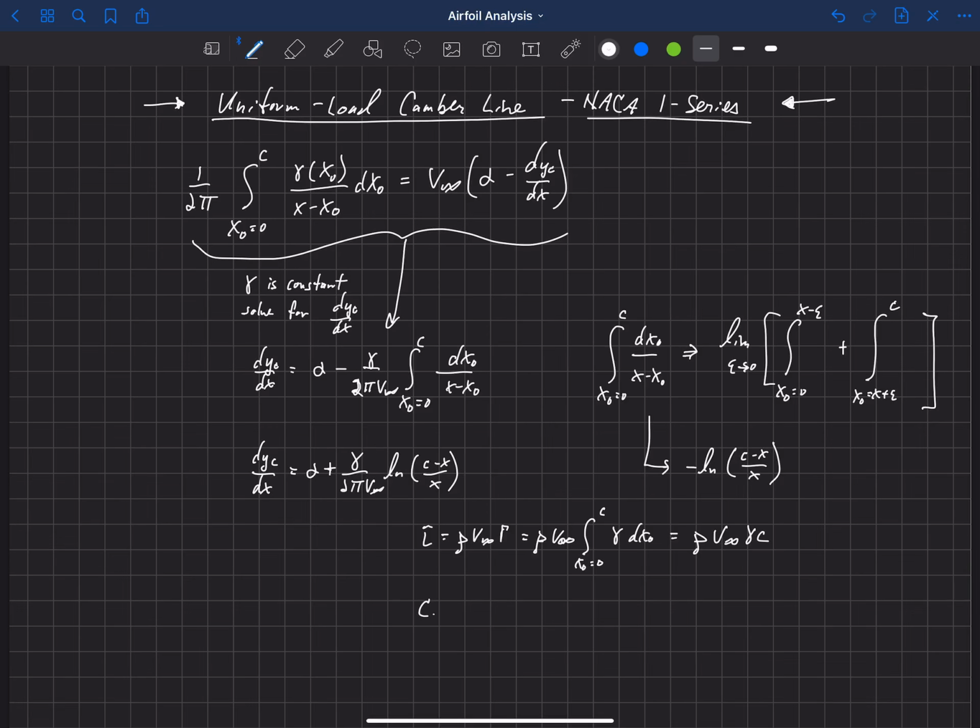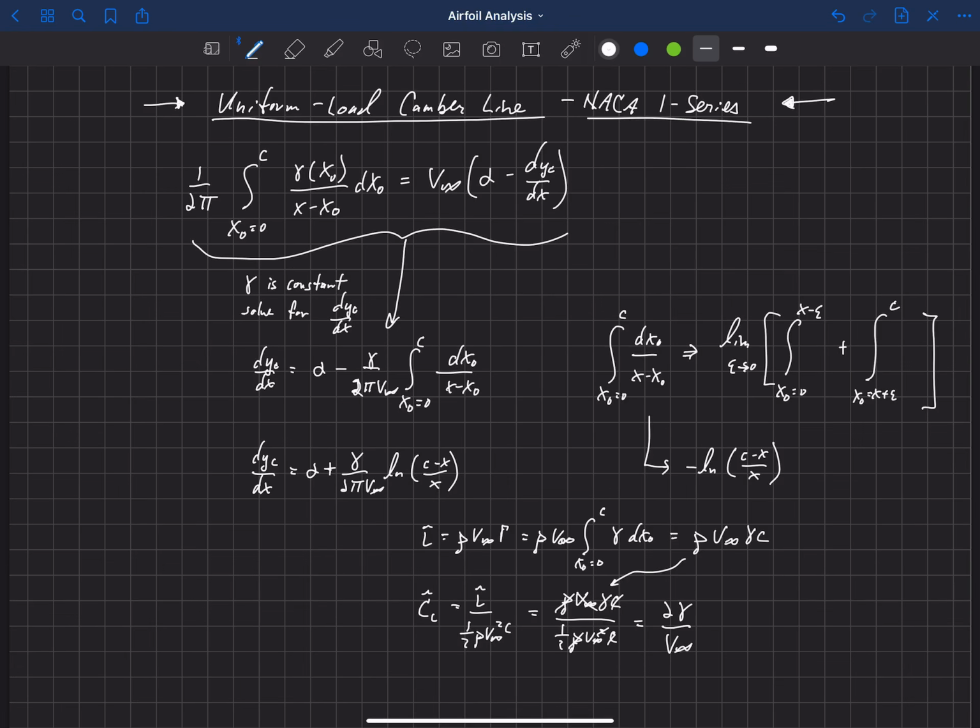Now we can look at the sectional lift coefficient, which is defined as the lift over 1/2 rho v infinity squared times c. If we plug this solution in here, we've got rho v infinity gamma c over 1/2 rho v infinity squared c. So the c's cancel, the density cancels, one of the v infinities cancels, and we're left with 2 gamma over v infinity.